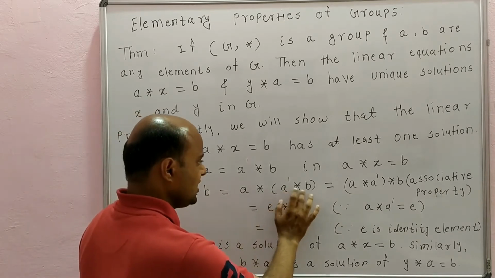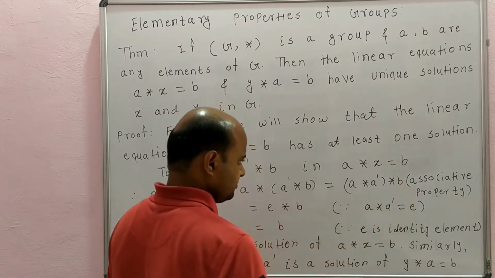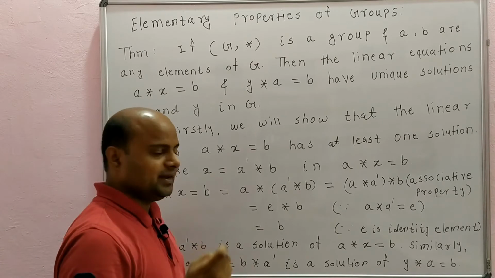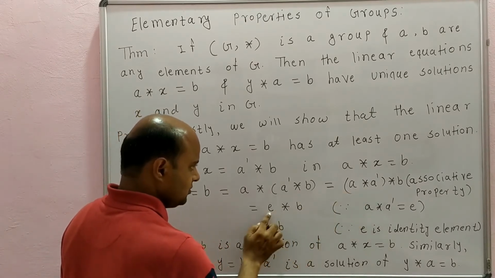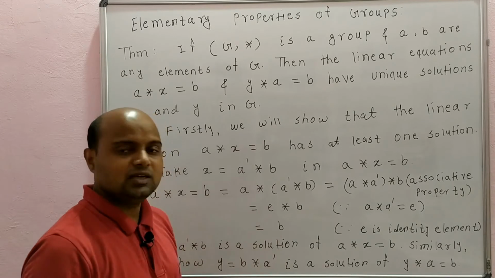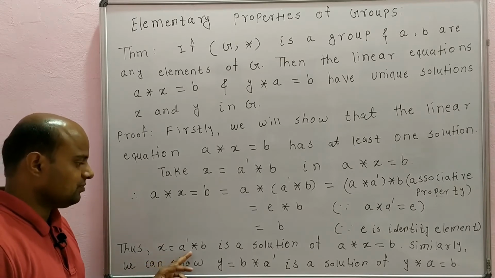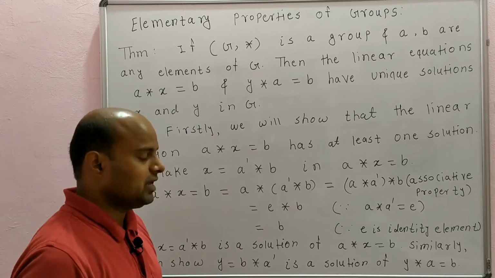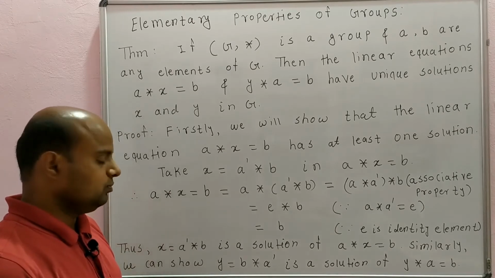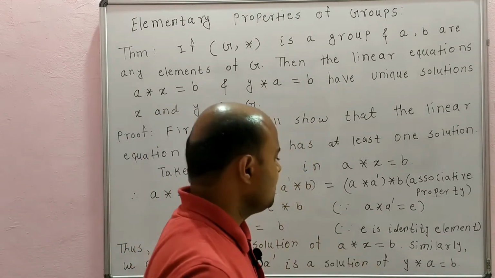Therefore, A star A dash star B becomes A star A dash in the first bracket, then star B. Now, A star A dash is equal to E, where E is the identity element of G. Therefore, it becomes E star B, and E star B is B, since E is the identity element of group G. Thus, we have shown that X is equal to A dash star B is a solution of the linear equation A star X is equal to B. Similarly, we can show that Y equal to B star A dash is a solution of Y star A is equal to B.